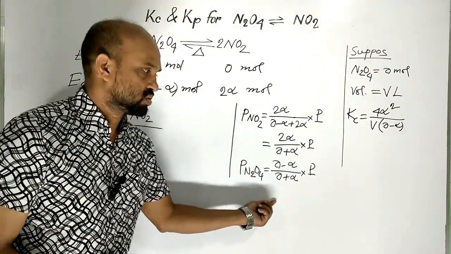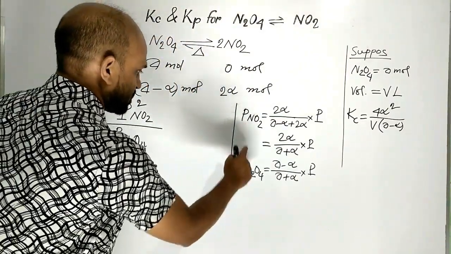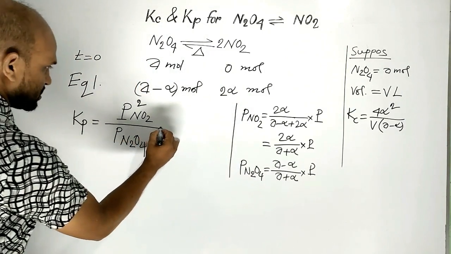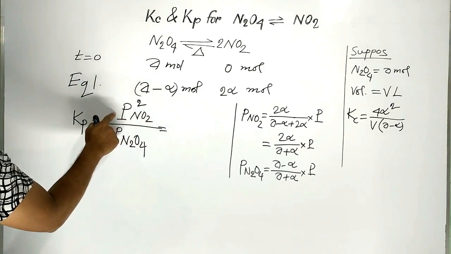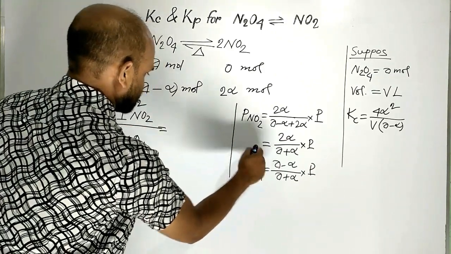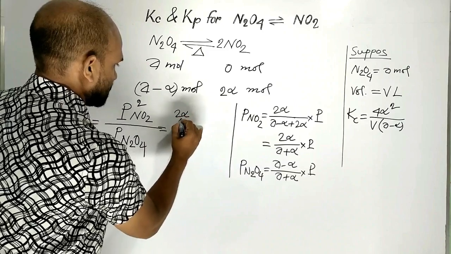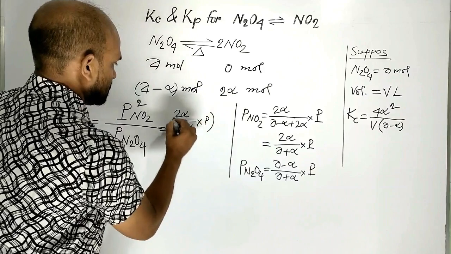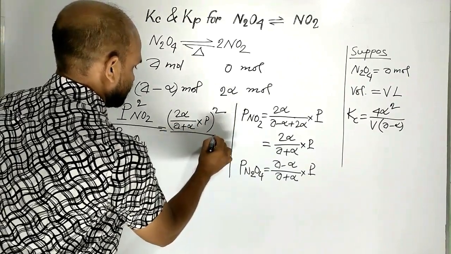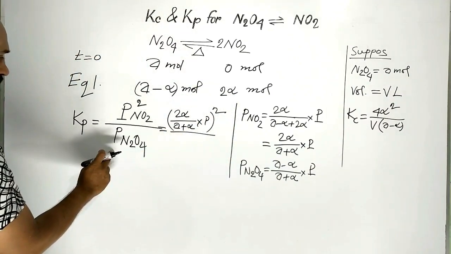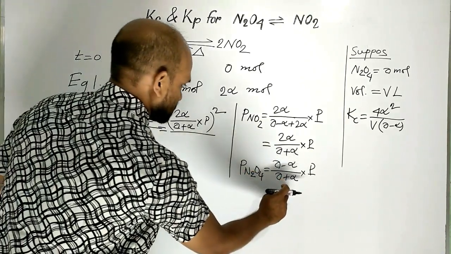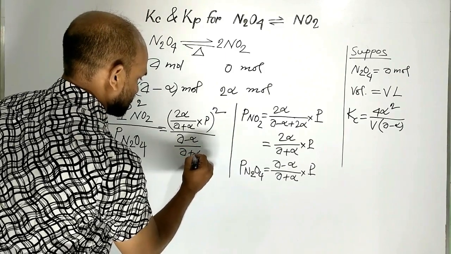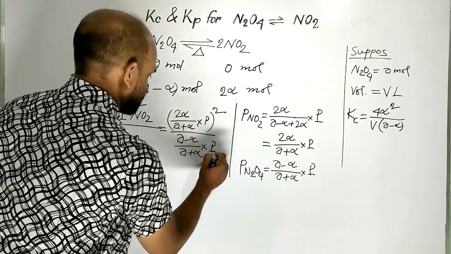Now putting the values of partial pressures of these components in this equation, we can write partial pressure of nitrogen dioxide, twice alpha by A plus alpha into P, square, divided by partial pressure of dinitrogen tetroxide, A minus alpha divided by A plus alpha into total pressure.